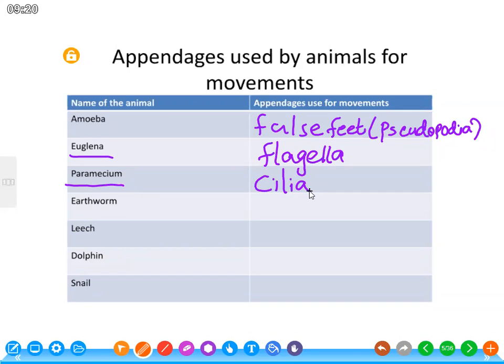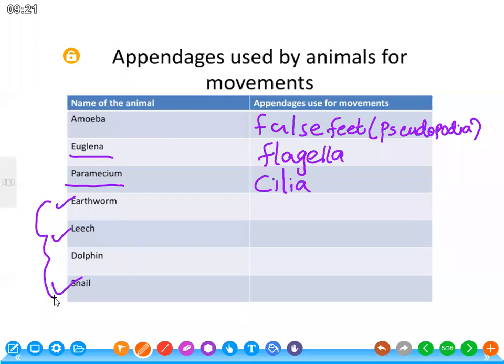Earthworm, leech, snail, they have no special appendages for their movements. They move through their body parts, or they use muscles for their movements.